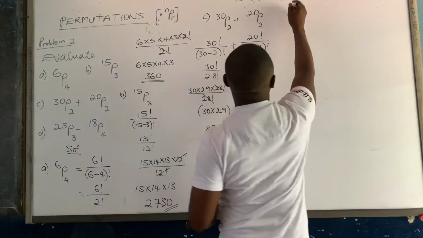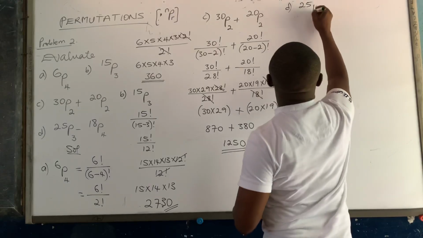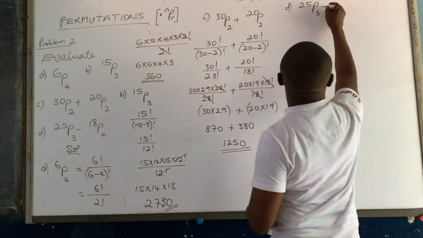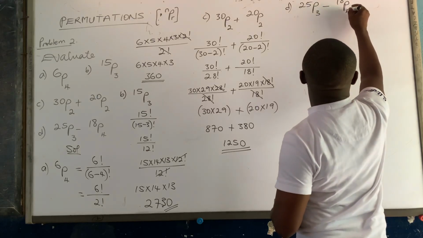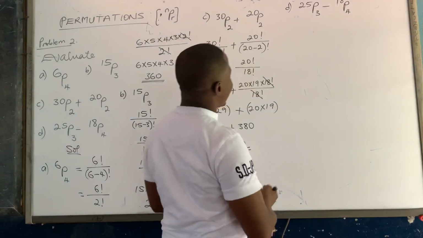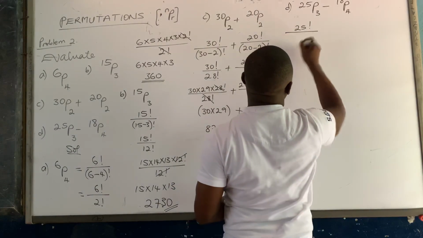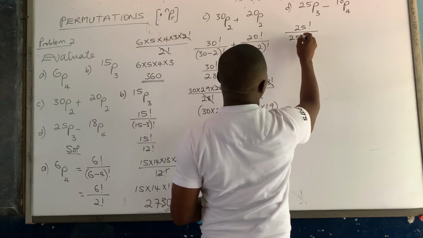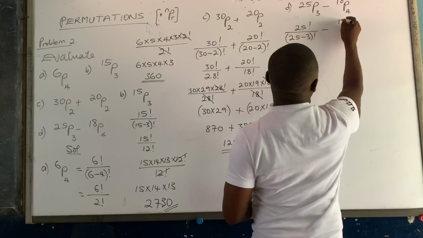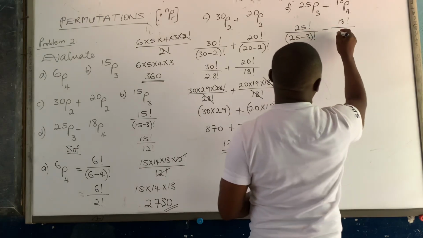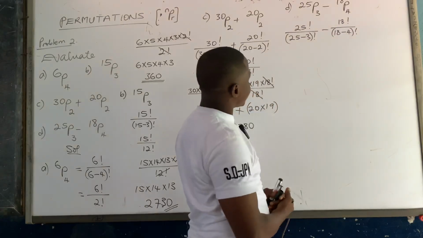The last one says 25 permutation 3 minus 18 permutation 4. Alright, so here we say 25 factorial divided by 25 minus 3 factorial, minus 18 factorial divided by 18 minus 4 factorial.